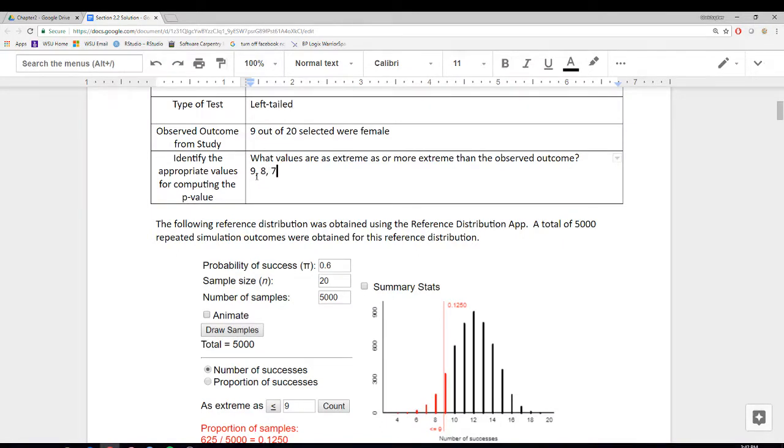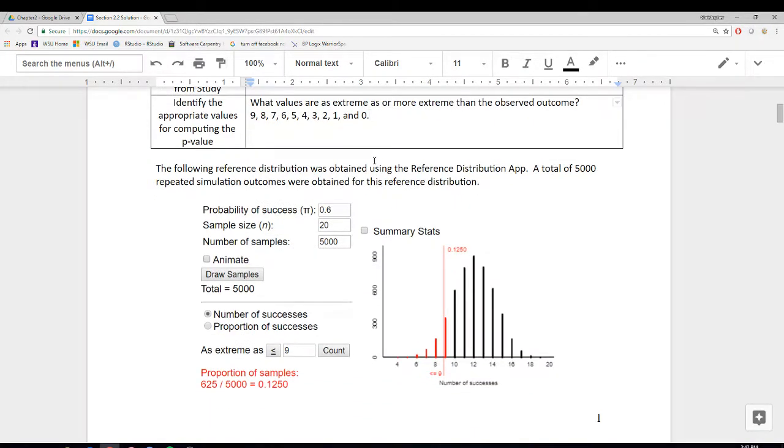So 8, 7, 6, 5, 4, 3, 2, 1, and 0. So in determining the p-value, we need to concern ourselves with values 9 and below, and that is what is done on the reference distribution app.